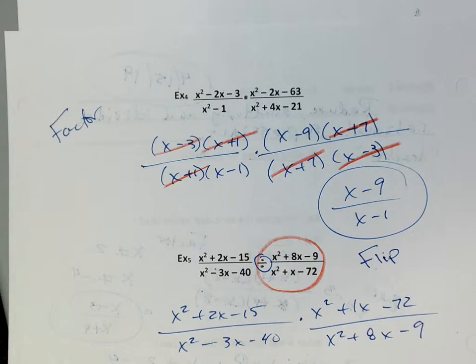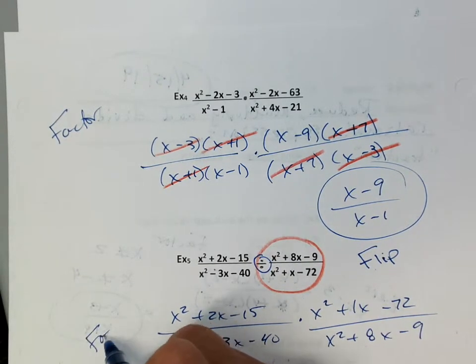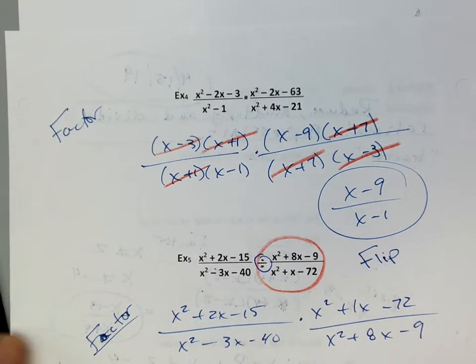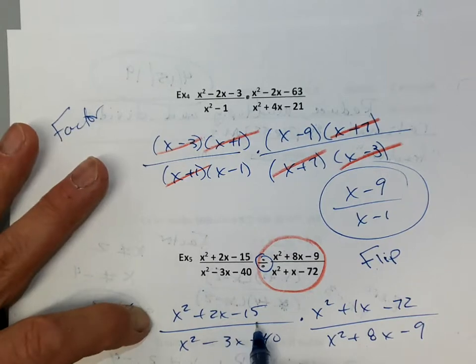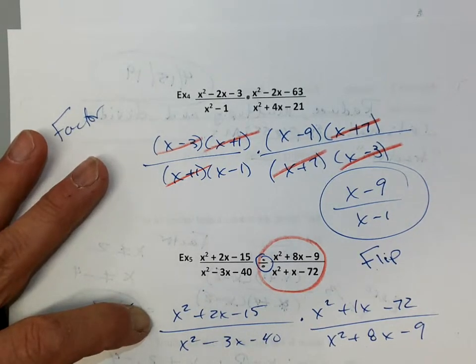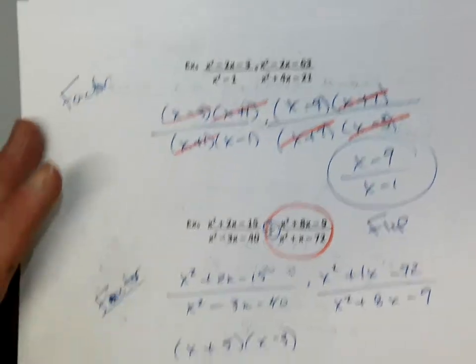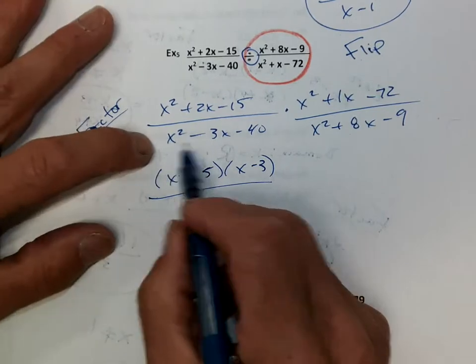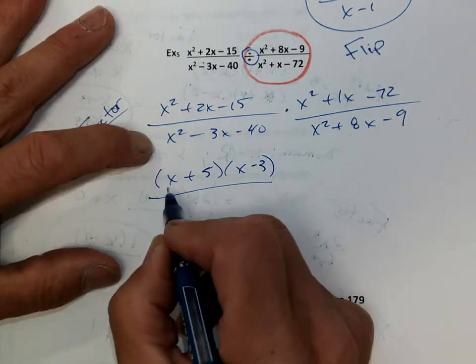And now we're going to factor. X squared plus 2x minus 15 factors into x plus 5, x minus 3. In the denominator, x squared minus 3x minus 40, let's see, what is that? 8 and 5.